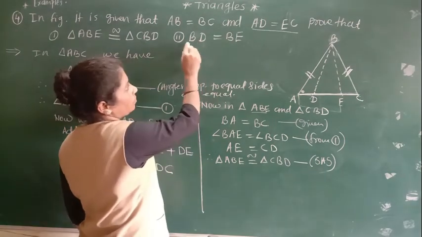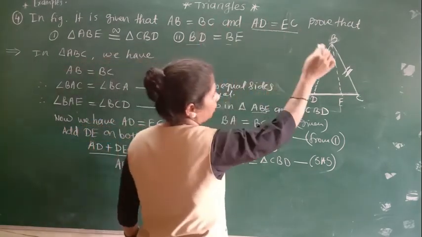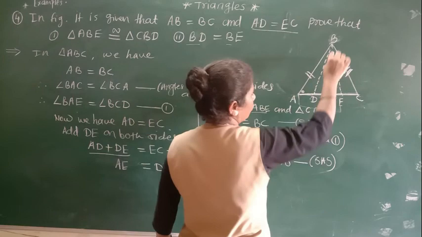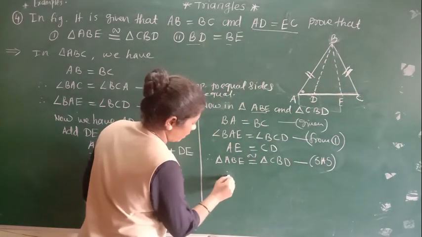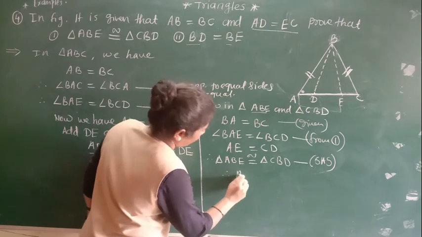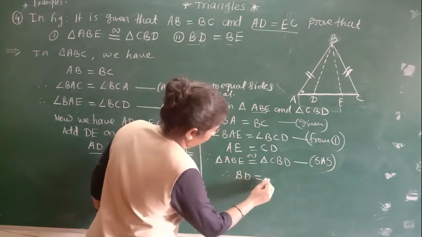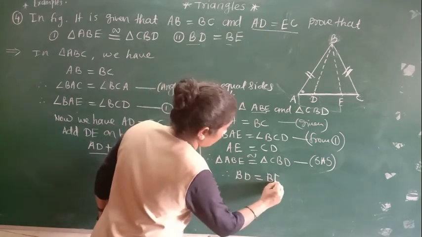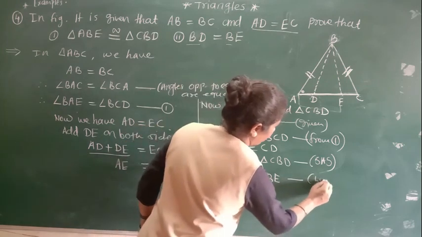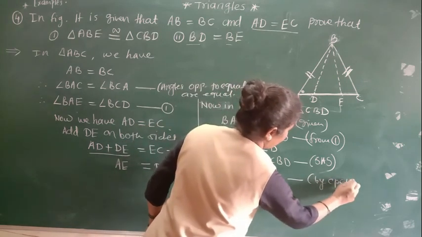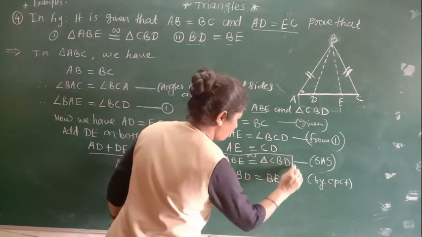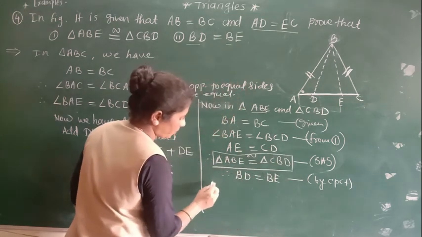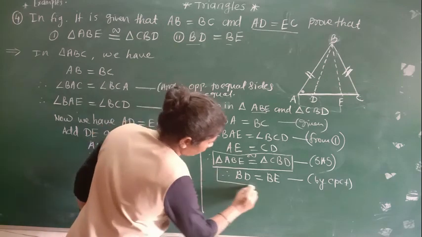First we have to prove that BD equals BE. So hence we can write BD equals BE by CPCT. And this is your second part.